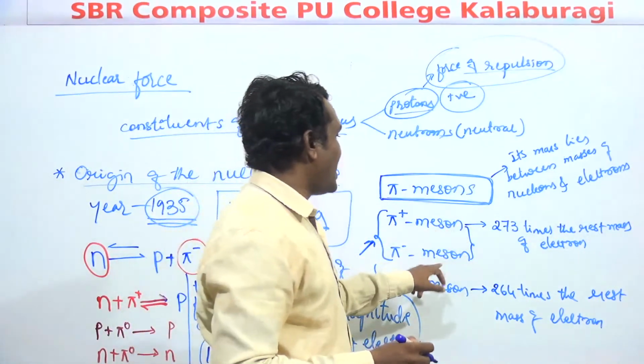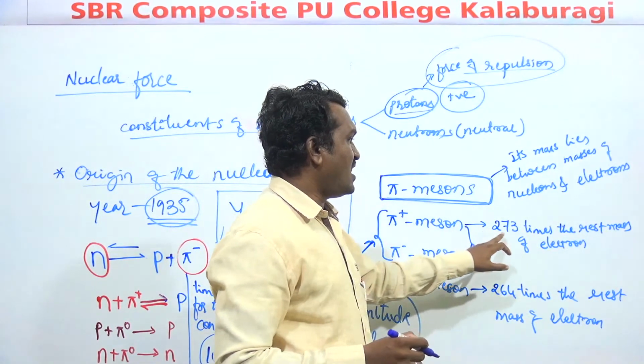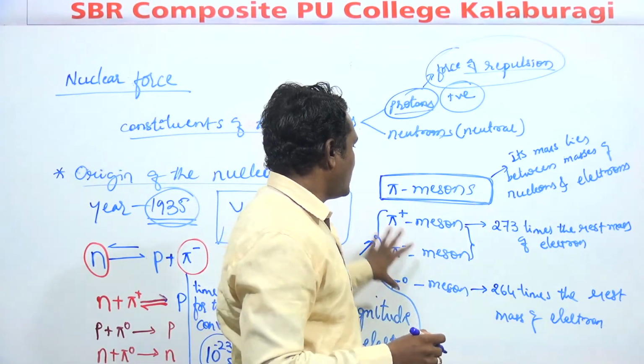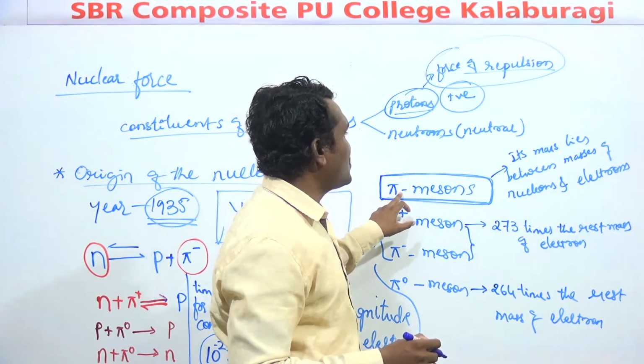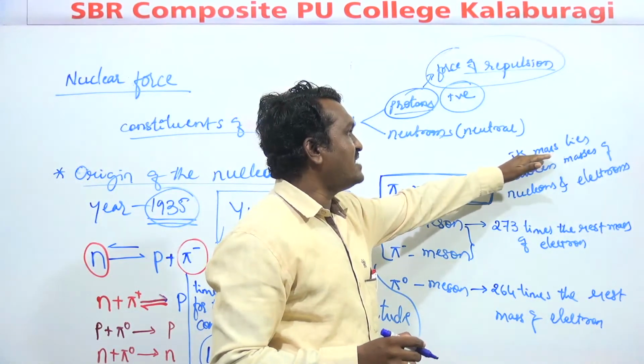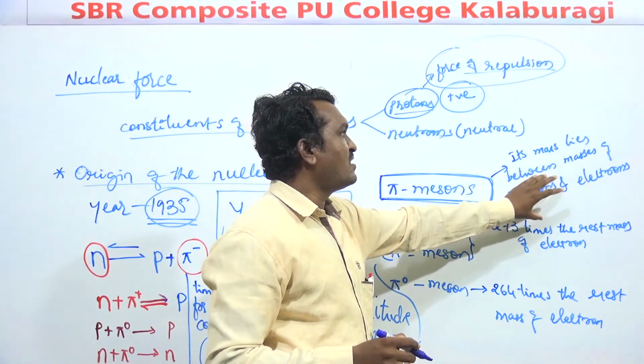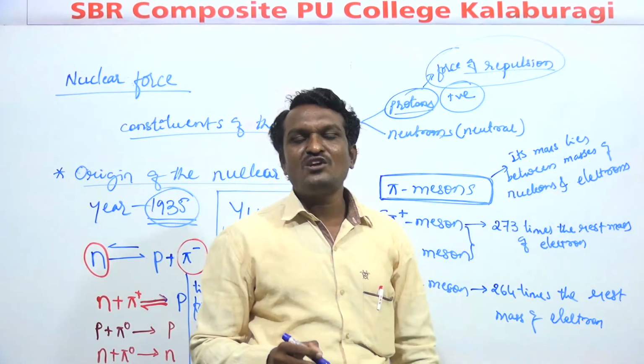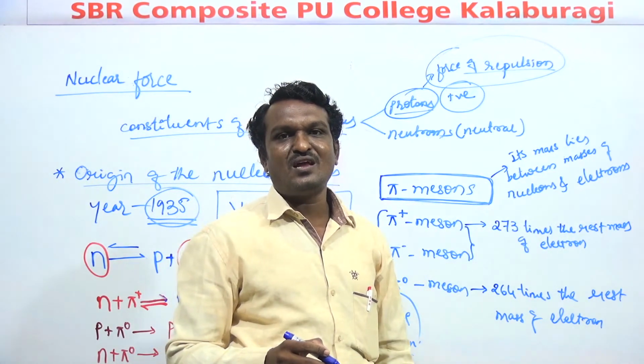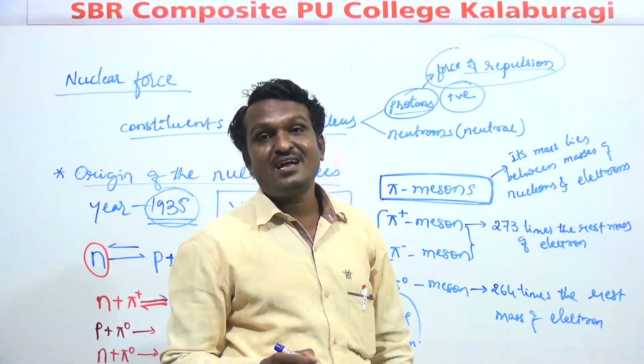The pi plus and pi minus mesons have mass. The mass of these pi mesons lies between the mass of the nucleons, that is proton and neutron, and the electron.